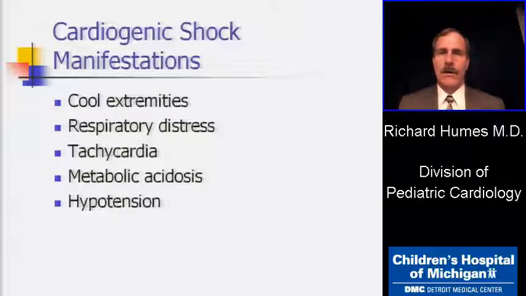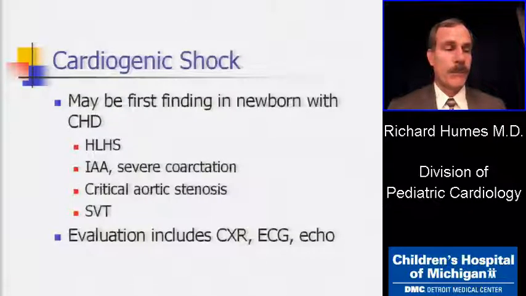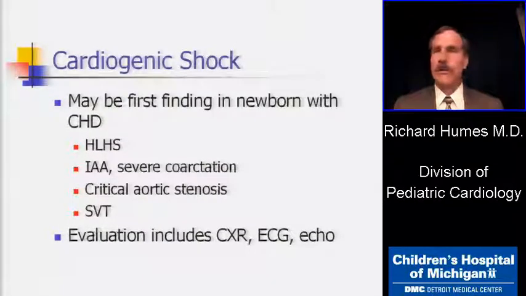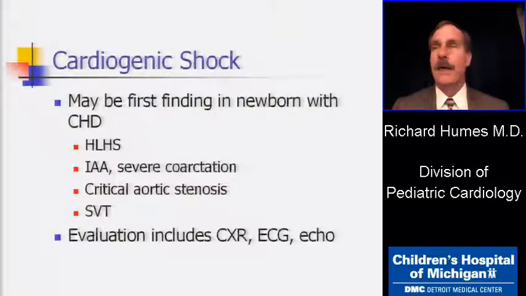Now, how does cardiogenic shock manifest itself? We see that with cool extremities, respiratory distress, as I mentioned before, tachycardia, metabolic acidosis, and hypotension. This cardiogenic shock may be that first finding in a newborn with congenital heart disease, and when that occurs, one has to think of ductal-dependent disease.